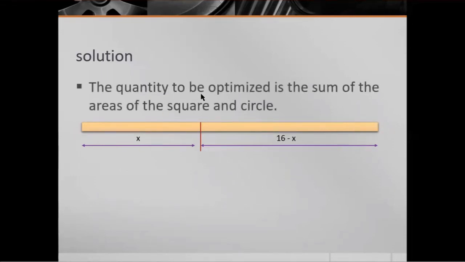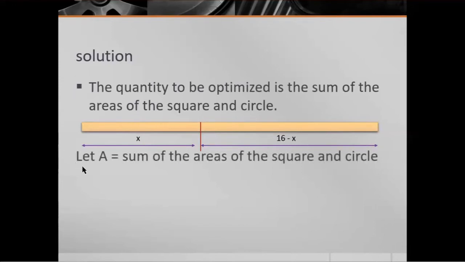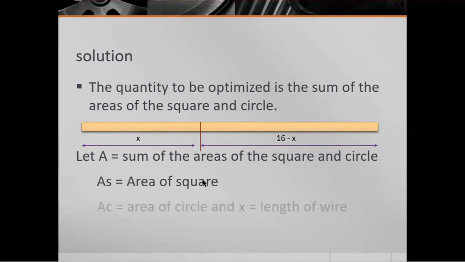The quantity to be optimized is the sum of the areas of the square and the circle. So let A be the sum of the areas of the square and the circle. So we have A sub S as the area of the square and A sub C as the area of the circle, and x is the length of wire.